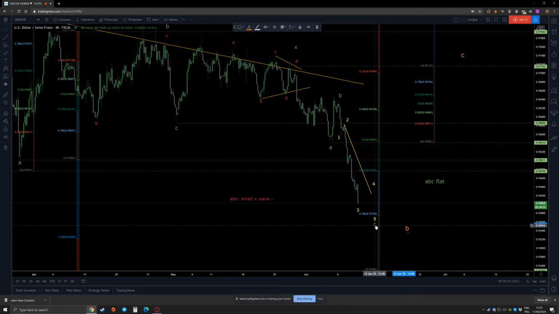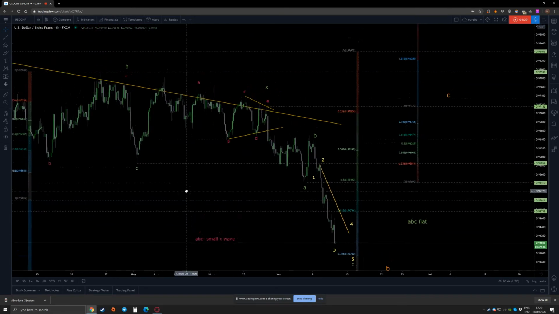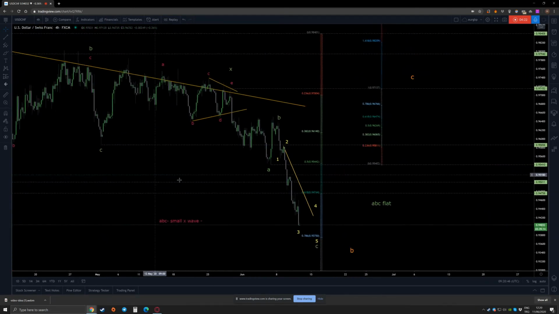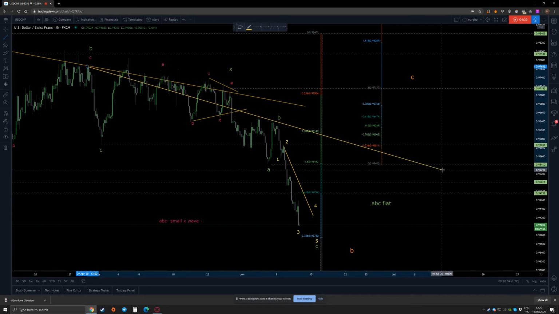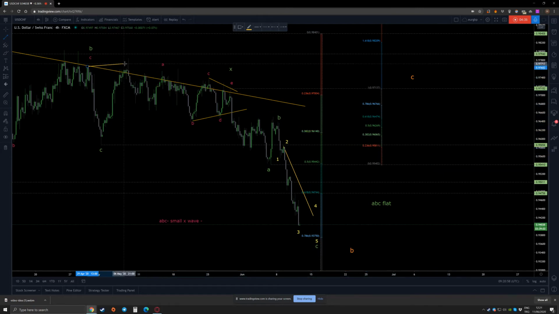If it's not, sorry, if it's done another X wave, then we will think this is a triple combination. If it's a triple combination, then we need to do a BBB trend line, but let's hope it doesn't go there. And by the moment that this is done, then we will try to go long.